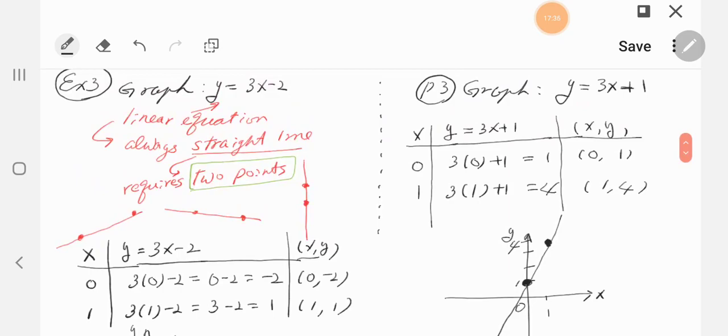Graphing a straight line is very simple. Find 2 points: give an x value and find y, or give a y value and find x. It doesn't matter. Find 2 points, plot them, and then connect them. Then we have the graph of the straight line.